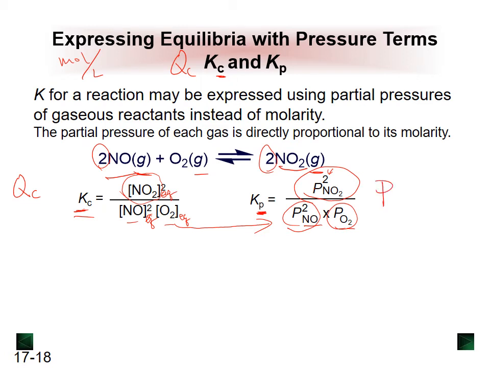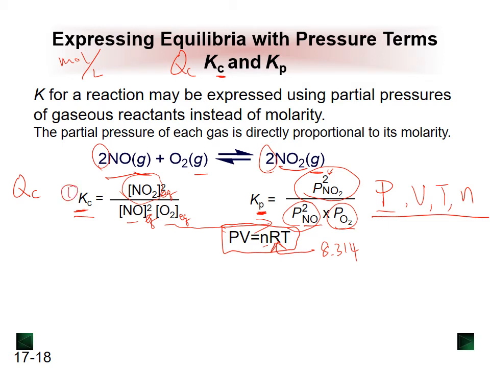Now, we learned that for an ideal gas, the pressure, volume, temperature, and number of moles are related by an equation called the ideal gas law, PV equals nRT. Here, n is the number of moles, R is the gas constant. If everything is in SI units, then R has a value of 8.314. Now if we combine these three equations together, we can derive an equation to relate Kc and Kp.